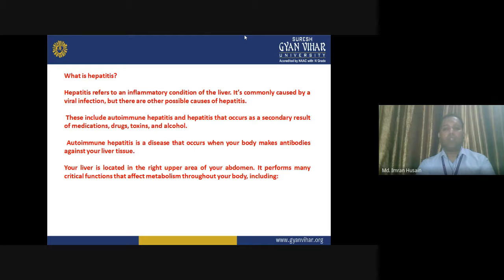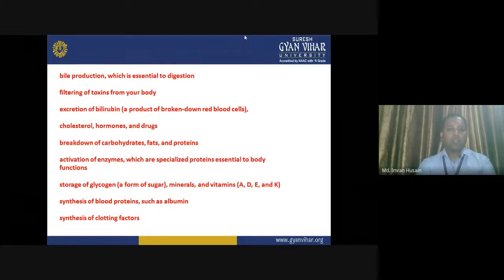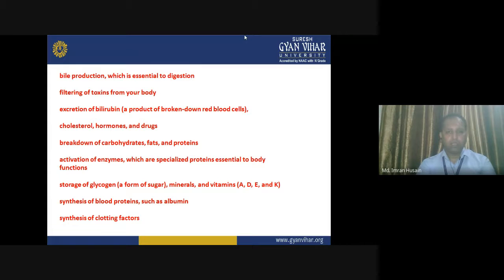It performs many critical functions that affect metabolism throughout your body, including bile production, which is essential to digestion, filtering toxins from your body, and excretion of bilirubin, a product of broken down RBCs.